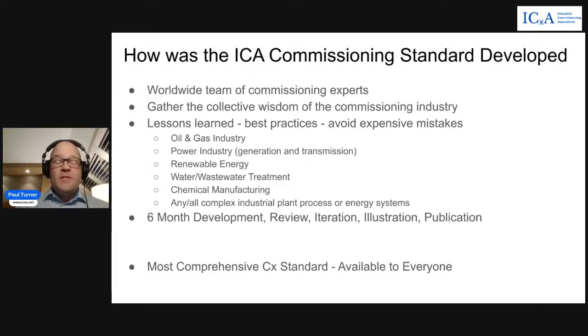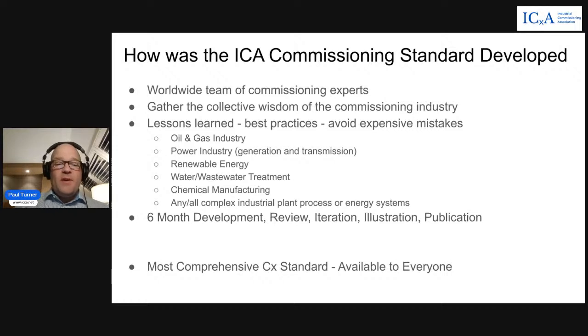The ICA commissioning standard definitely applies there as well, because we've got all the input from that industry in there as well. Chemical manufacturing, really any and all complex industrial plant processes or energy systems that would be more than, say, just a typical HVAC system. Anything with electrical, mechanical, and automation equipment that needs to be systematized, integrated together, and function as one comprehensive system at the end of the project.